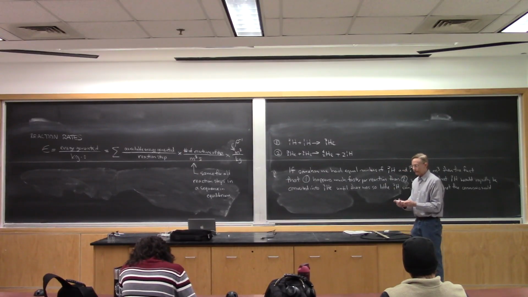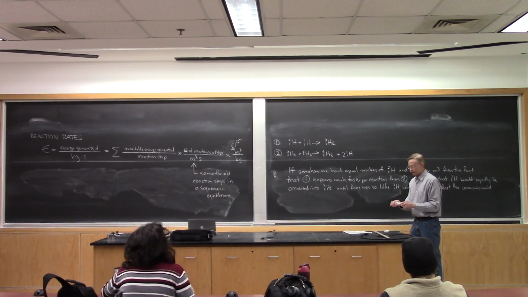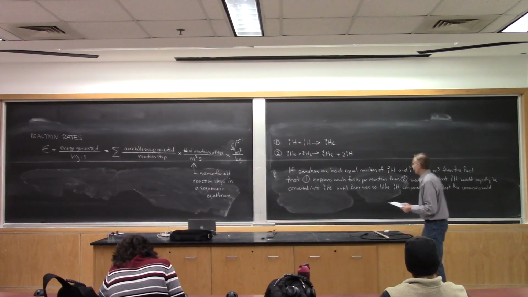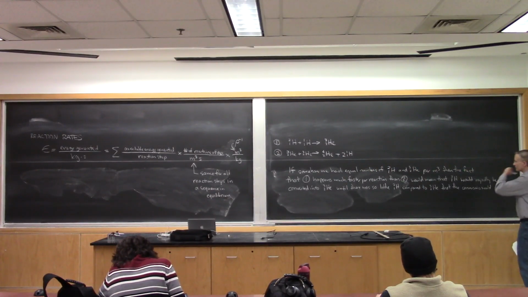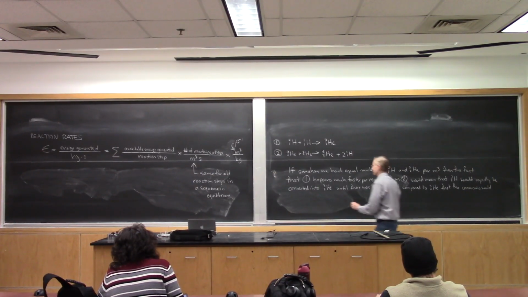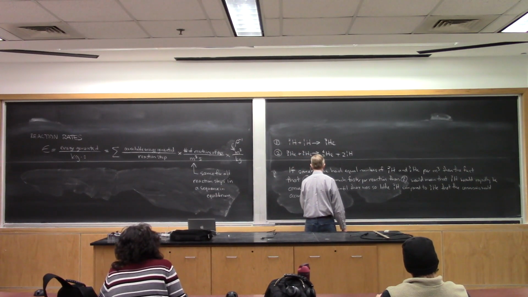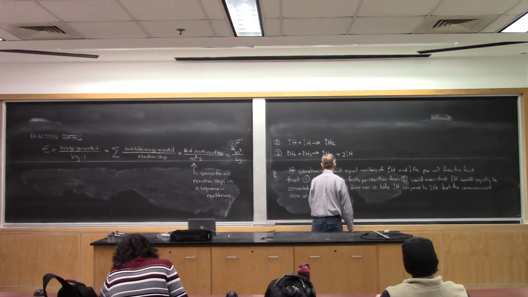You need a lot more helium-3 around to have the same rate of it disappearing as deuterium, because per reaction it's so much harder to make helium-3 disappear, that the conversions would occur at equal rates, producing equilibrium.